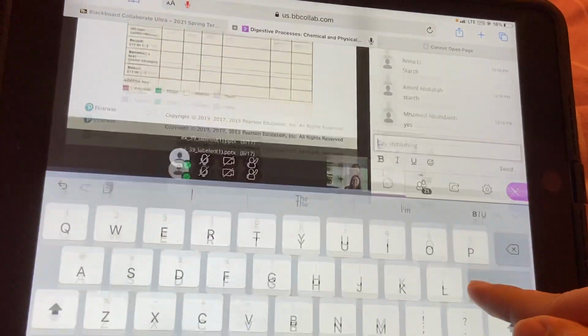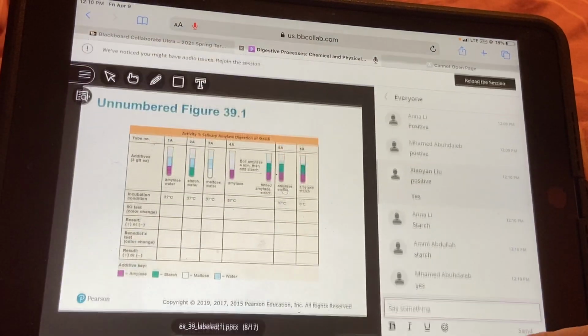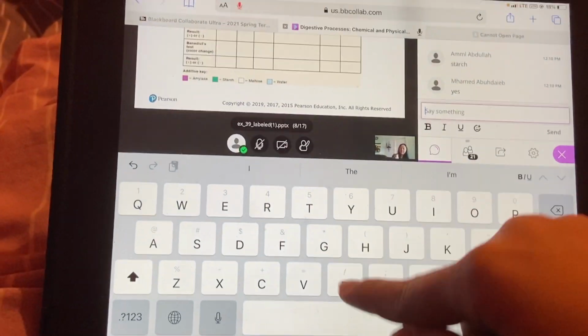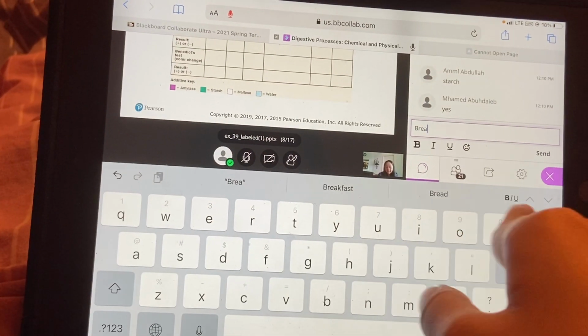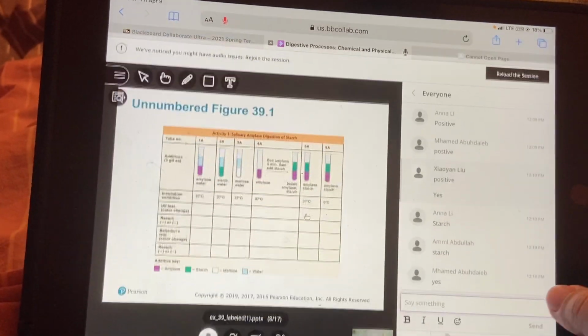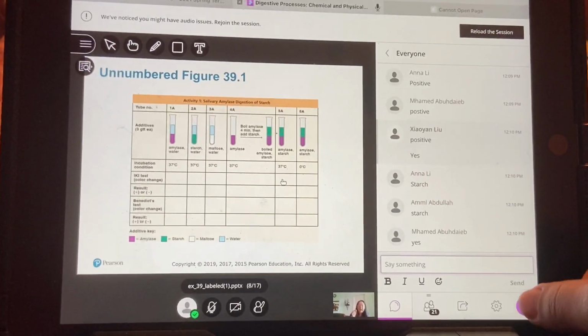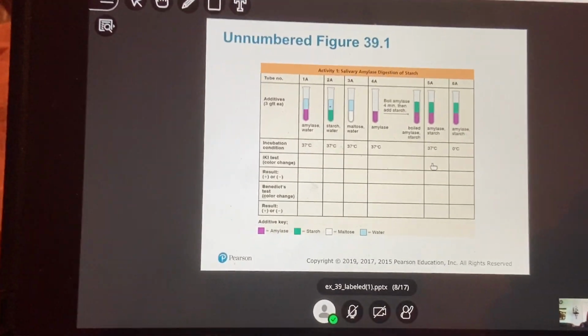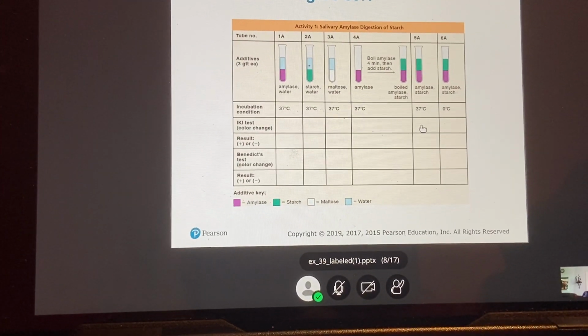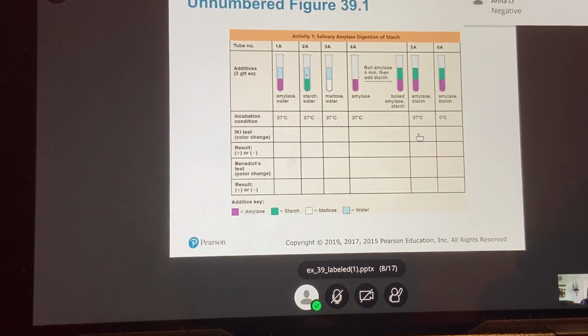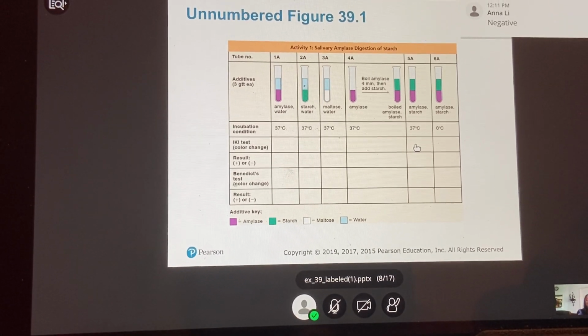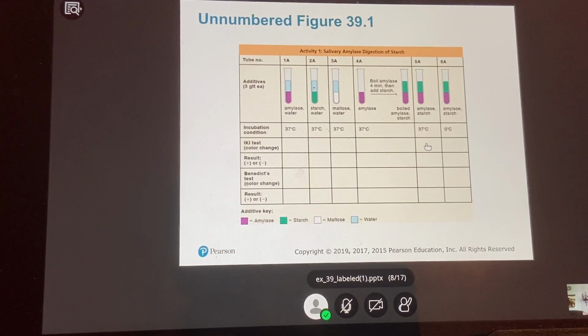Amylase work. So if amylase works, what does amylase do? It dissolves or breaks down starch, right? So if you test the test tube for IKI, will there still be starch? Okay, so there should be no more starch.